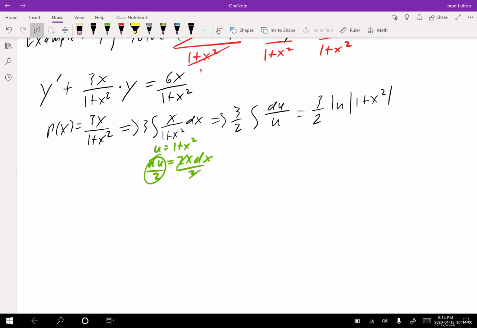So now we have to multiply e to the 3/2 ln of the absolute value of 1 plus x squared, okay? And we have to multiply that by our equation. So our equation was y prime plus 3x over 1 plus x squared y equals 6x over 1 plus x squared.